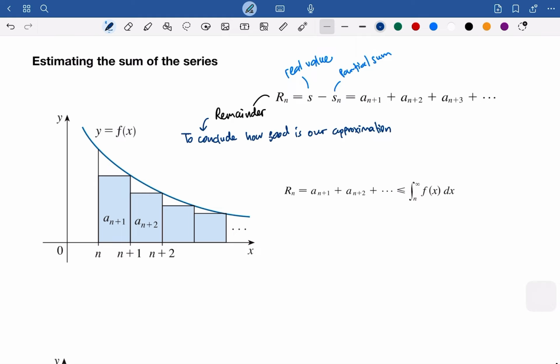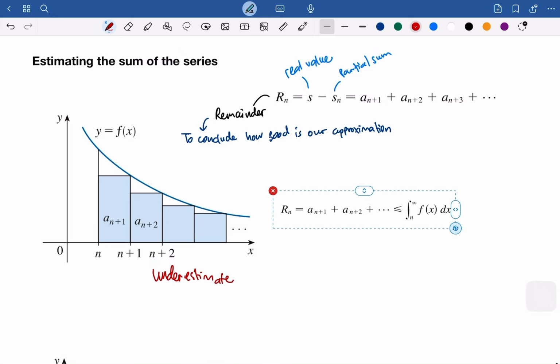Right here, this is the underestimate condition, where we can conclude from the graph that the whole sum of these rectangles will always be less than the improper integral itself. Okay. So that's the first case.